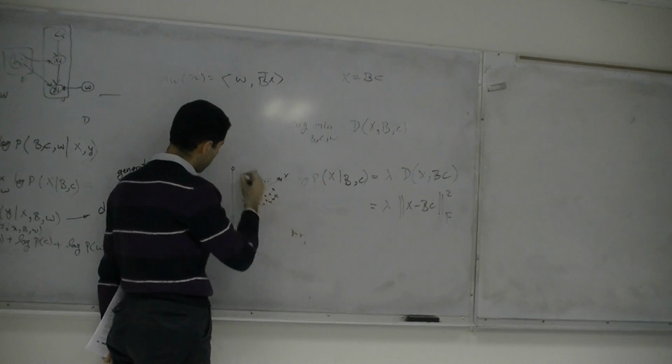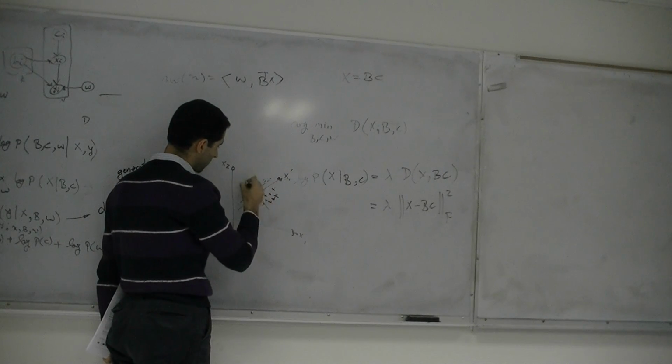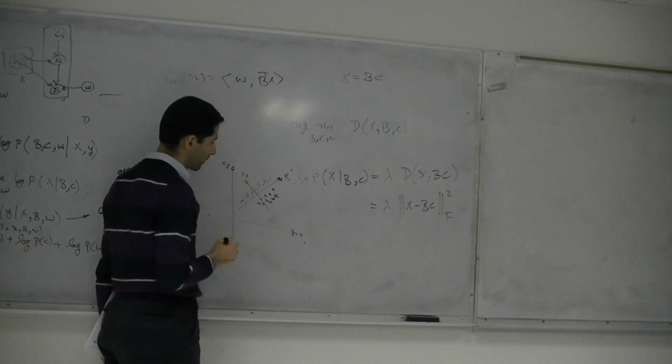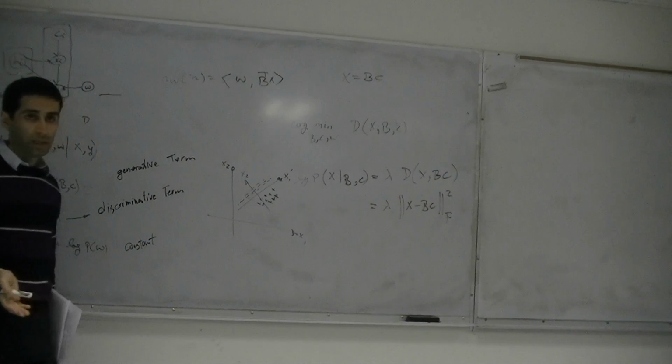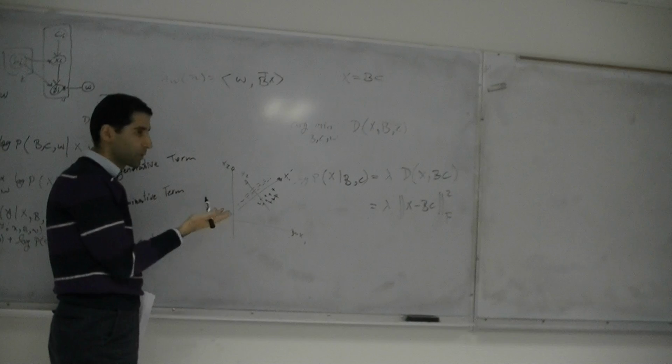This one is x1, x2, and this can be x1 prime, and this one can be x2 prime in, for example, PCA, to find the best dimension to describe the data.